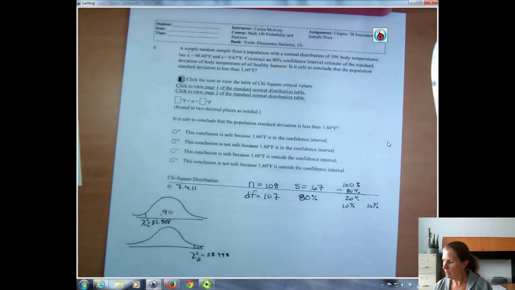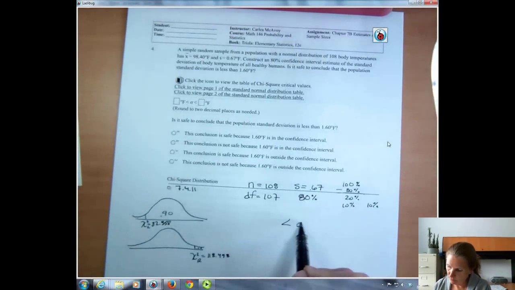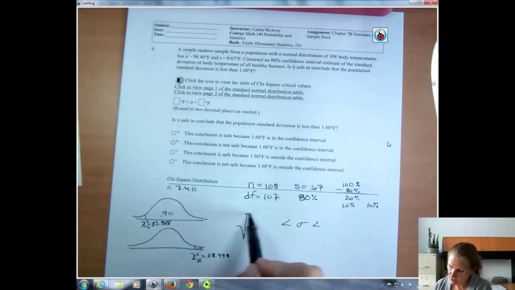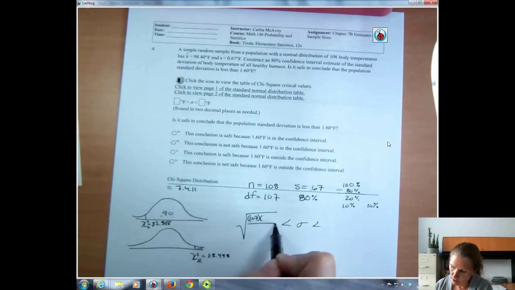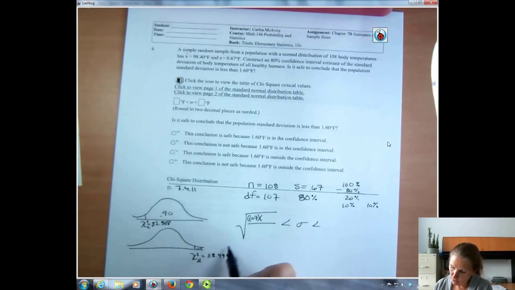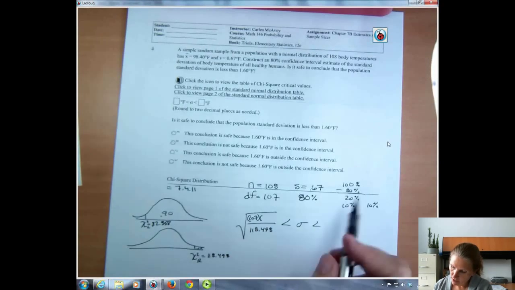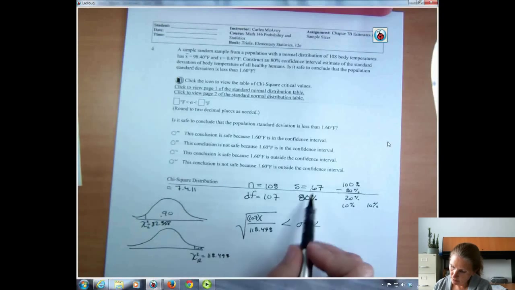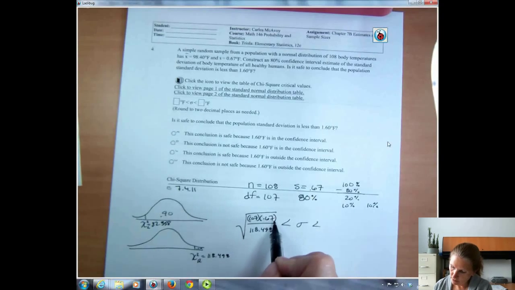And then I could use those two numbers to plug in and get my confidence interval for this, because I know everything else. I know I have 107 as my n minus 1. I know that on the right I had 118.498, and my S was 0.67 squared.